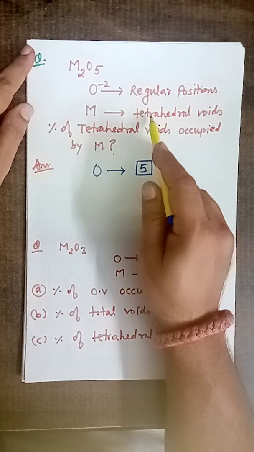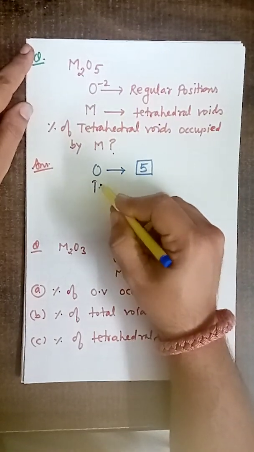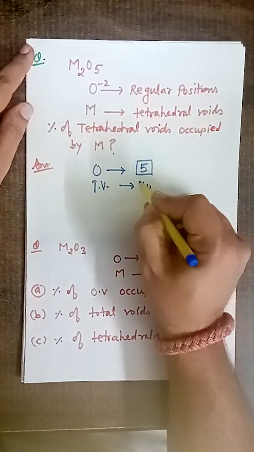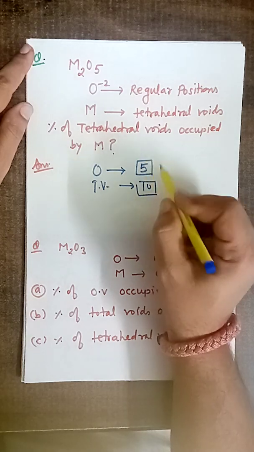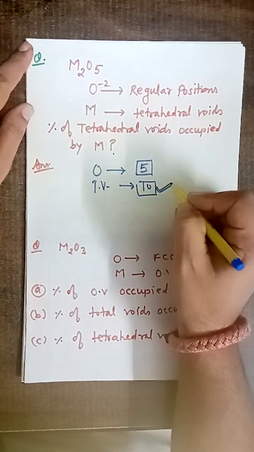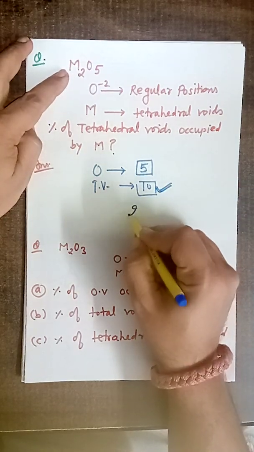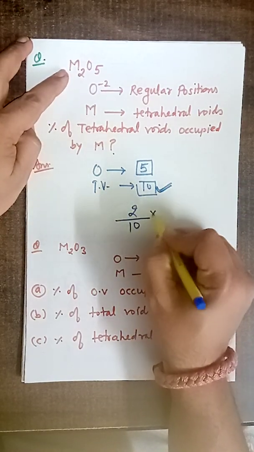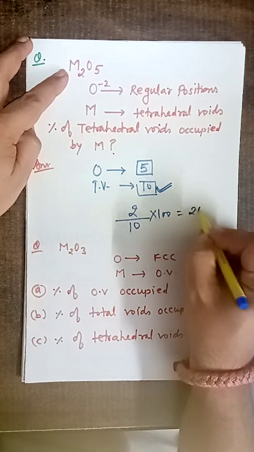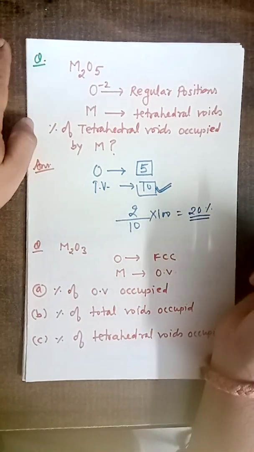As per the question metal is in tetrahedral void, so the number of tetrahedral voids will be just double, it is 10, and the number of voids is 10, but you can see here metal is only 2. So 2 metals out of 10 voids occupied, and the answer is only 20% voids occupied by metal.